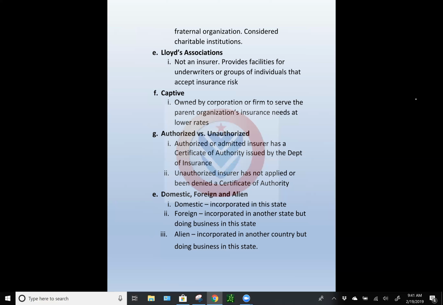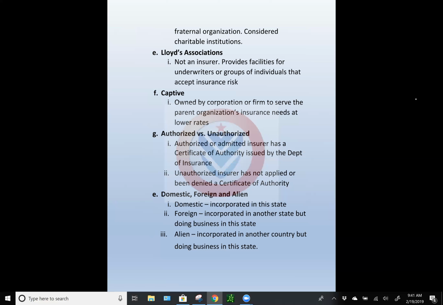A captive insurance company is owned by a corporation or firm to serve the parent organization's insurance needs at lower rates. So that's important that they are serving the organization's insurance needs at lower rates.